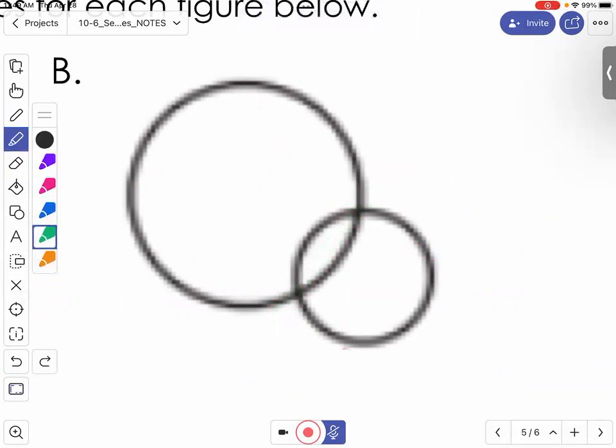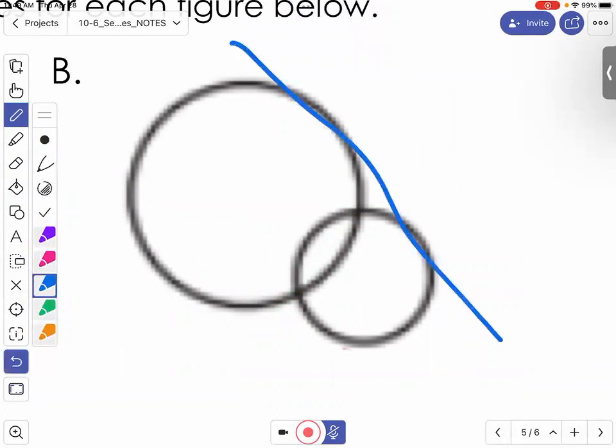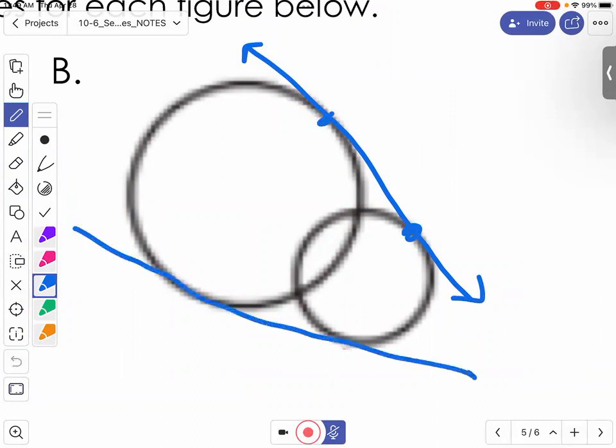So I lose the one in the middle, but I do still have them on the outer edge. I have one along the bottom edge here, very similar to the first picture, with two points of tangency on that line and two common tangents.